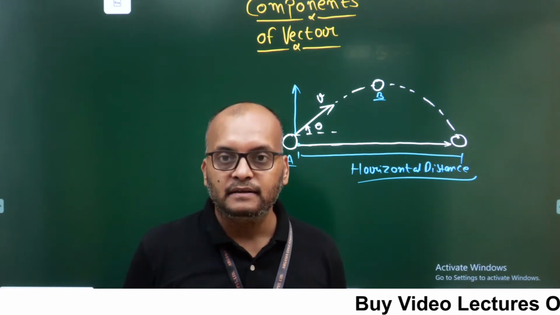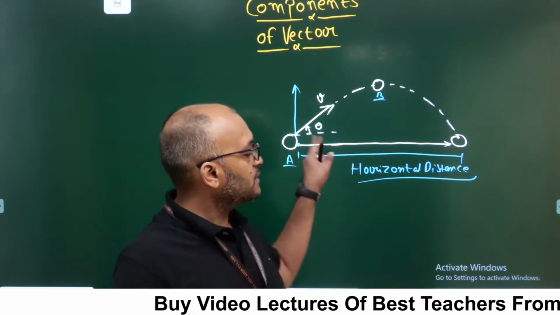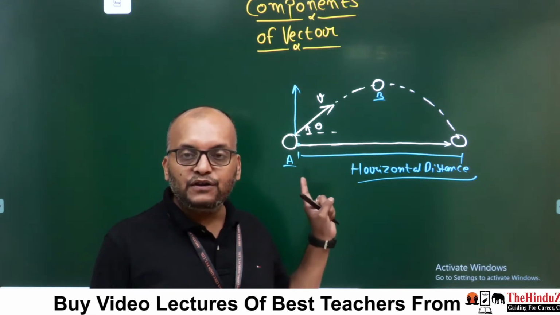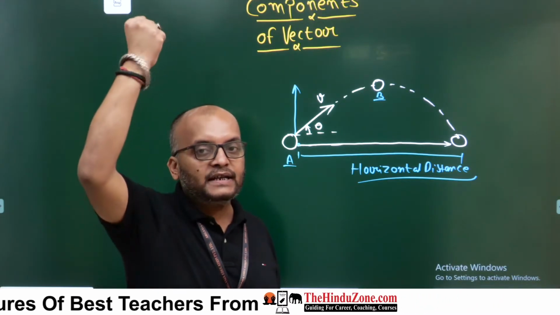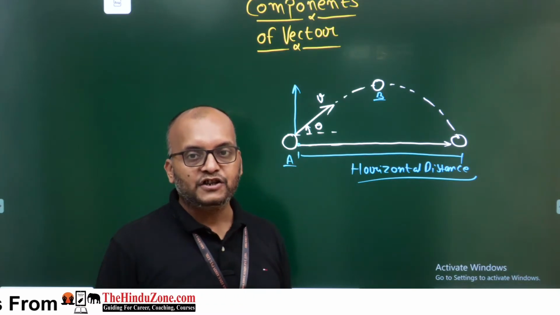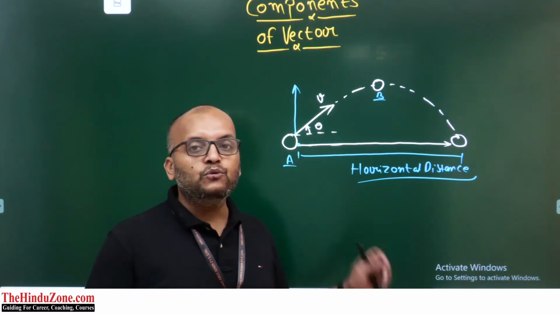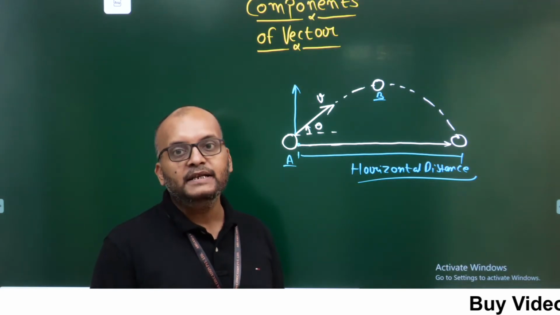Two things are done, right or wrong? So this velocity is acting in the vertical direction as well as in the horizontal direction. That is why the ball is moving in the vertical as well as in the horizontal direction. Tell me yes or no?